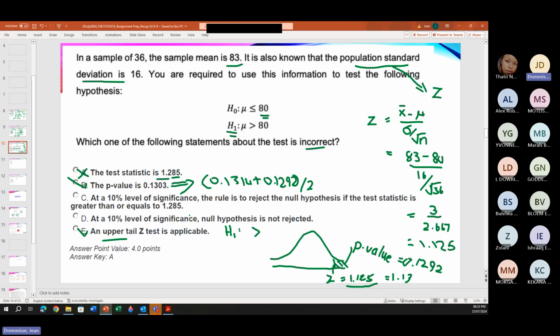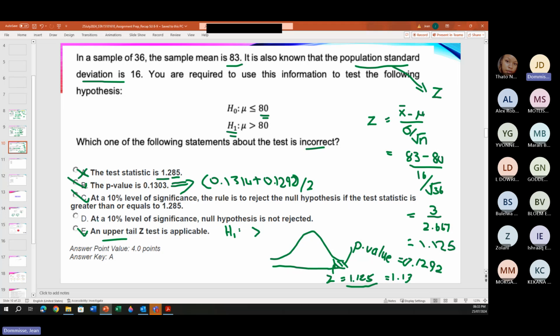Then let's just look at the other two. So at the 10% level of significance, the rule is to reject the null hypothesis if the t-test is greater than or equal to 1.285, which is correct because our z value is smaller than that. We reject the null hypothesis.